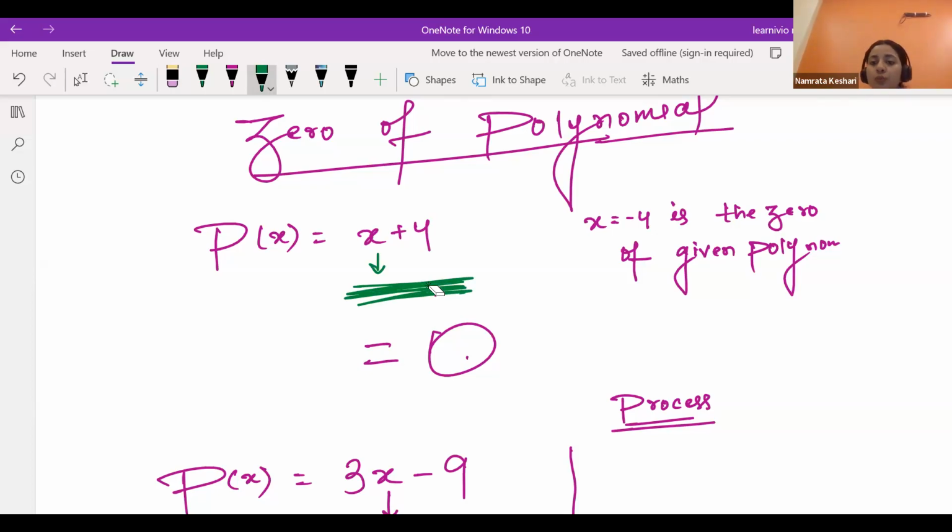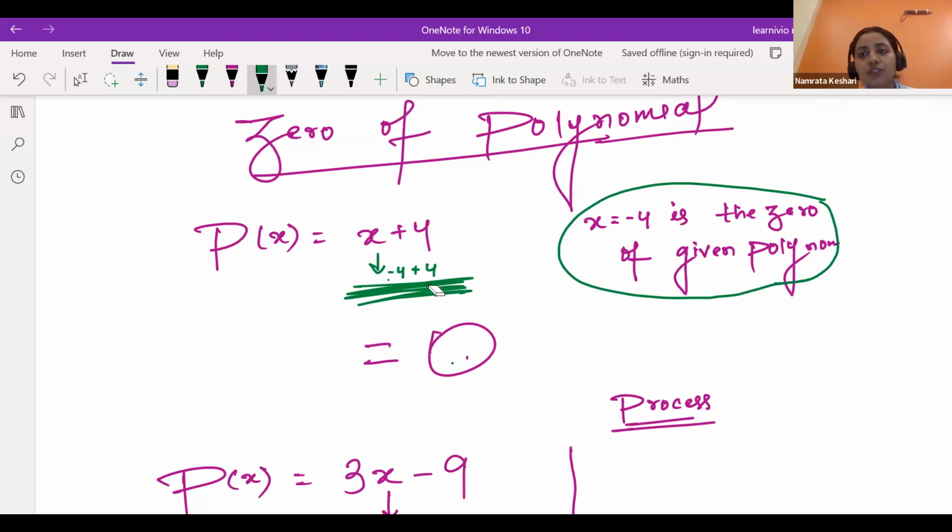Pranav said that if we take x as minus 4, then minus 4 added with plus 4, the final answer will be 0. And here you can see I have written it. Can you see that? x equals minus 4 is the 0 of the polynomial.